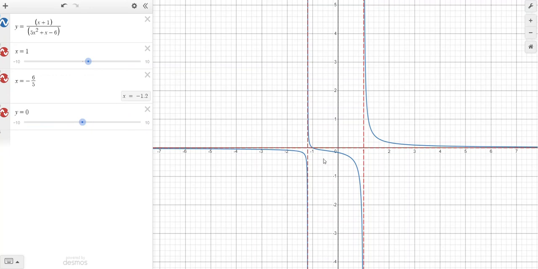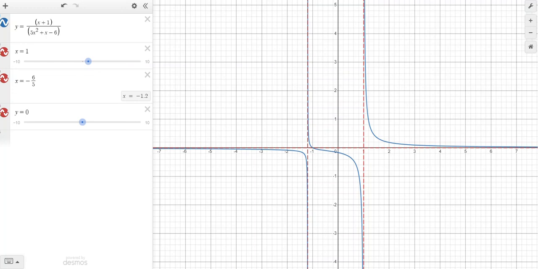Notice there's that x-intercept that we found at negative 1. There's the y-intercept right there at negative 1/6 or negative 0.167. So all of the things that we found by hand are recognizable, and I can now just use that graph to sketch in the rest of my function. So I'm looking at this and drawing at the same time. On the left side, my end behavior is really close to the asymptote, and then it comes down along the vertical asymptote.